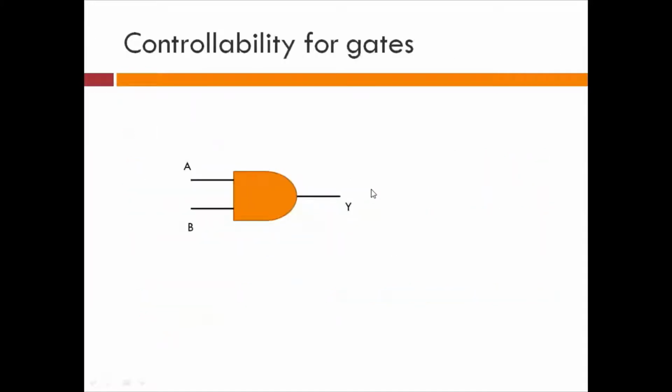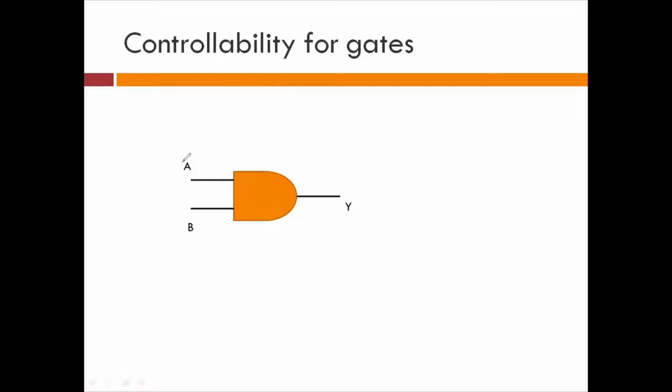So let's start with a simple AND gate. I am only going to talk about the controllability in today's lecture. So we have 2 primary inputs and 1 primary output.